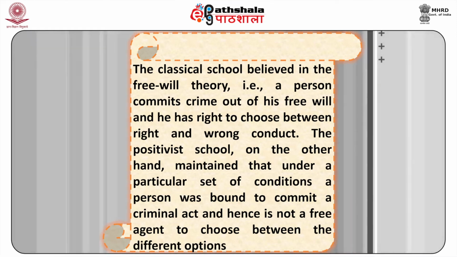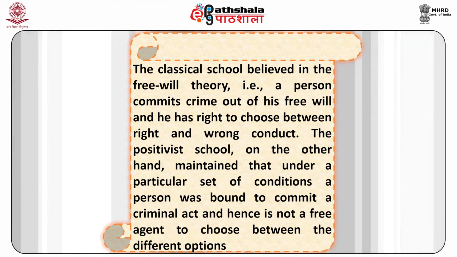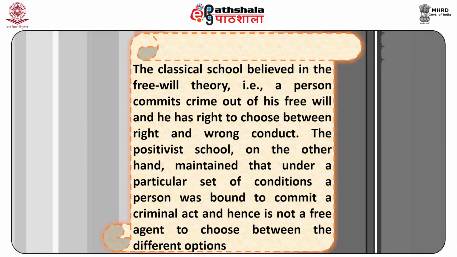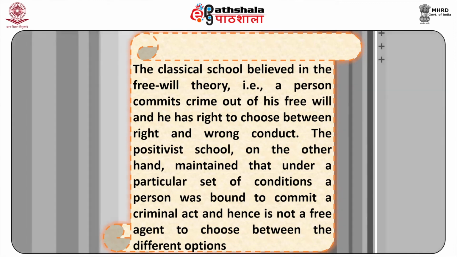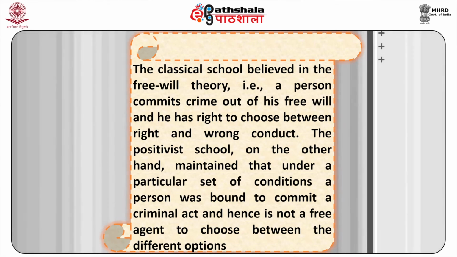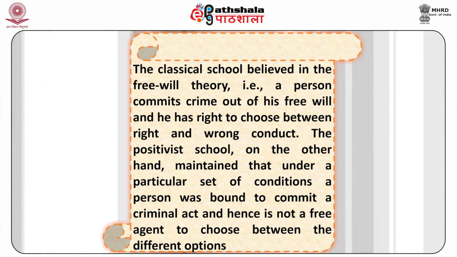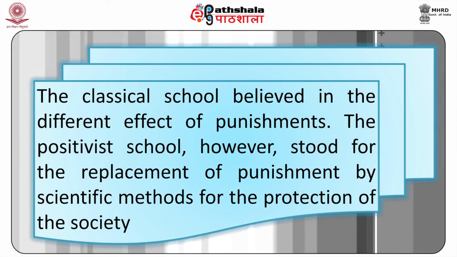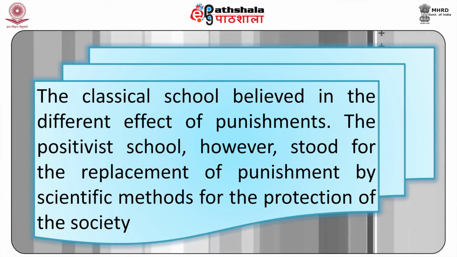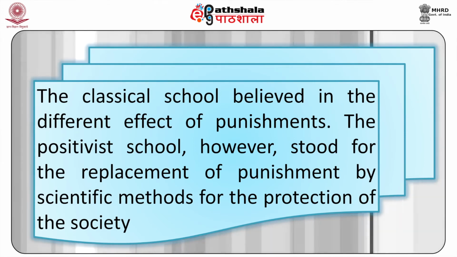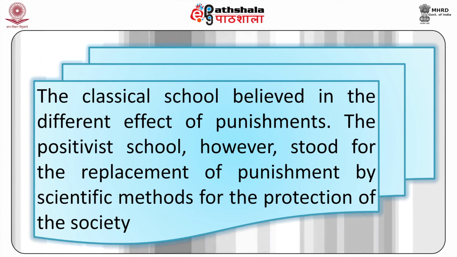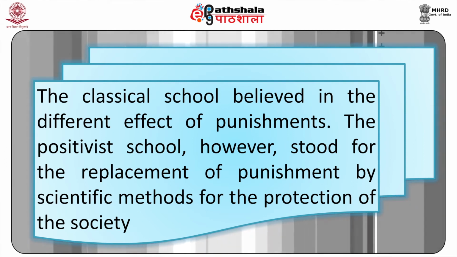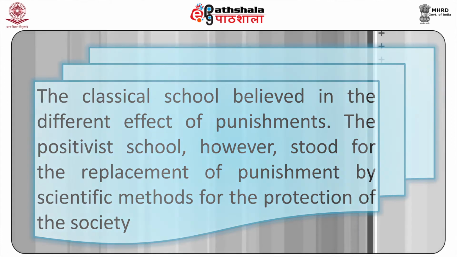The positivist school, on the other hand, maintained that under a particular set of conditions, a person would be bound to commit a criminal act and hence is not a free agent to choose between the different options. The classical school believed in the deterrent effect of punishments. The positivist school, however, stood for the replacement of punishment by scientific methods for the protection of the society.